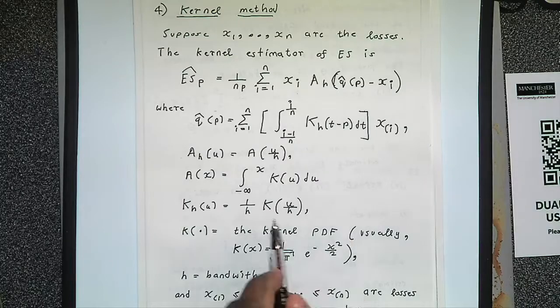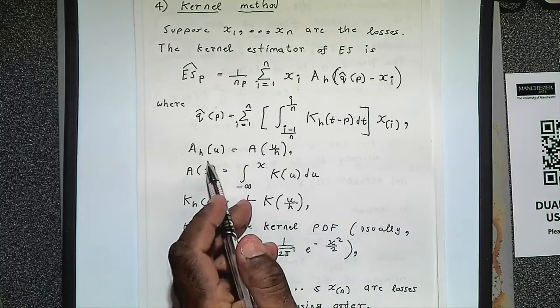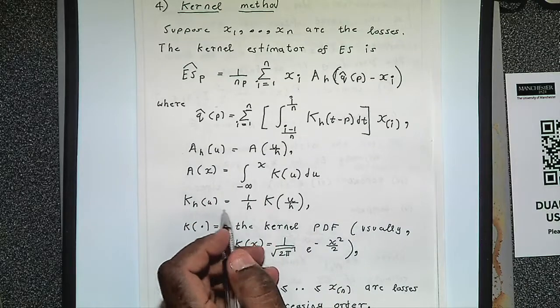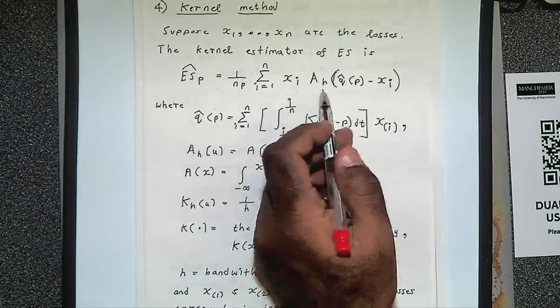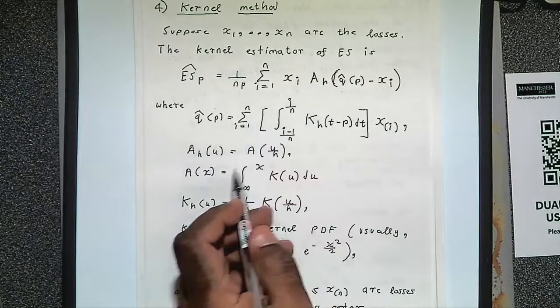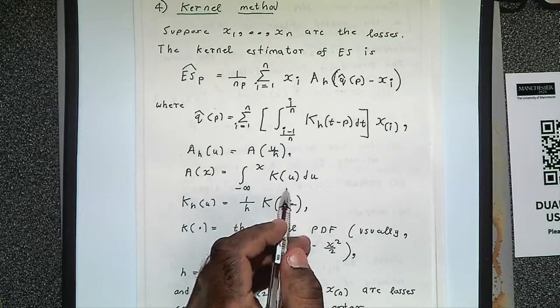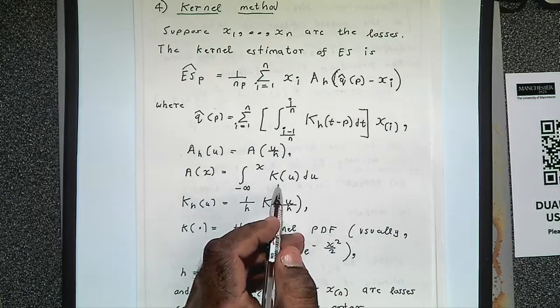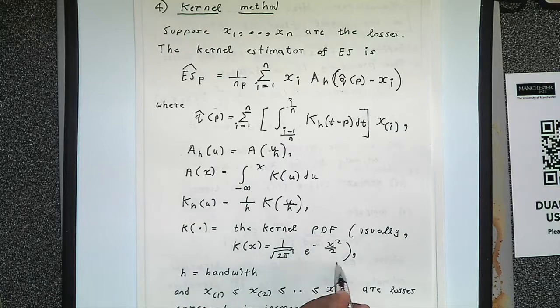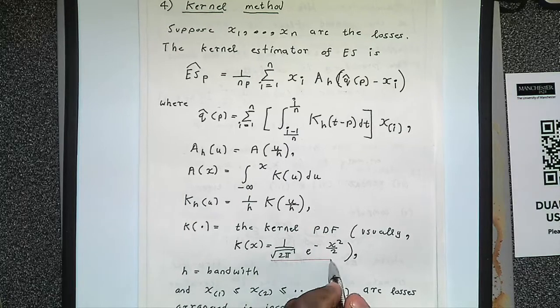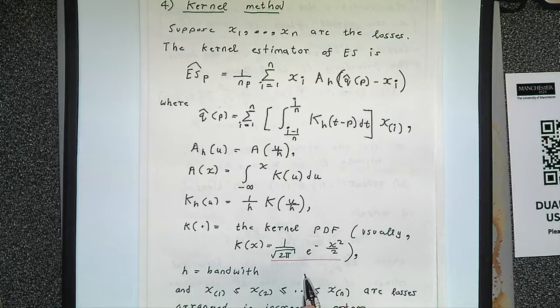Okay, and A_h here is given by this formula, where A is the integral of the kernel function K. K is the kernel function, and is usually taken as the PDF of the standard... I'm sure you remember this. This is the PDF of the standard normal distribution.